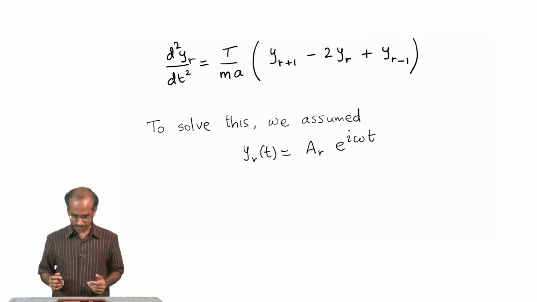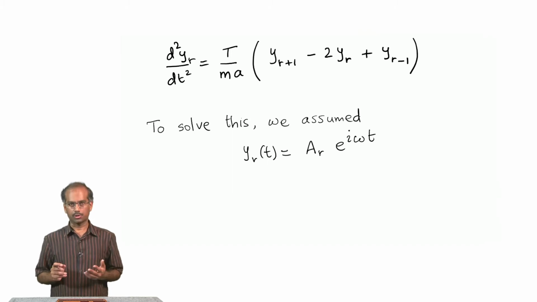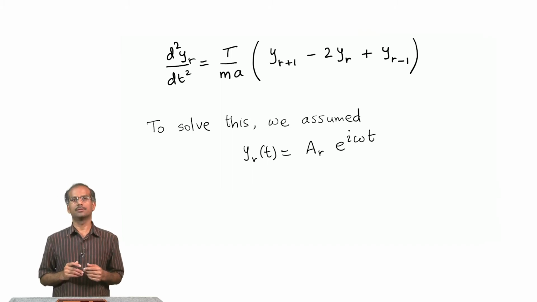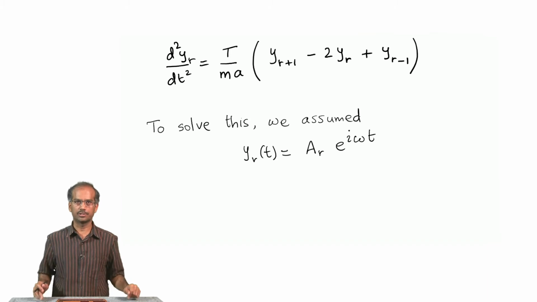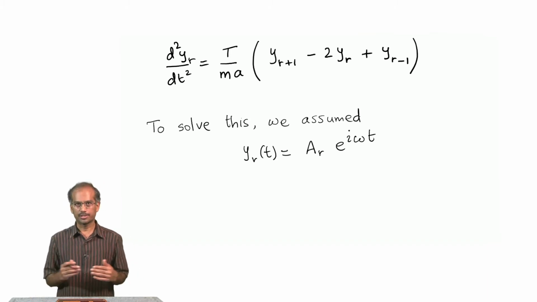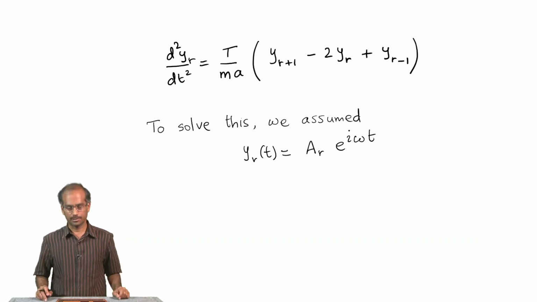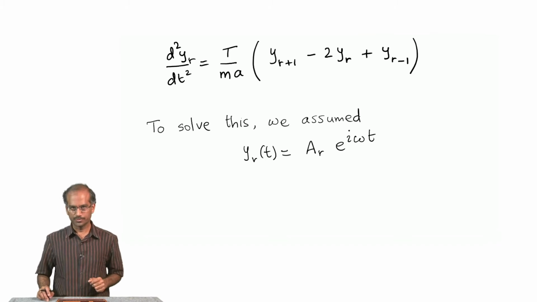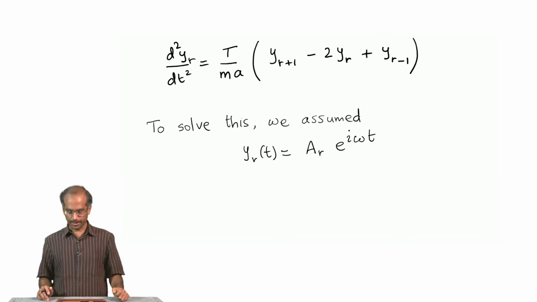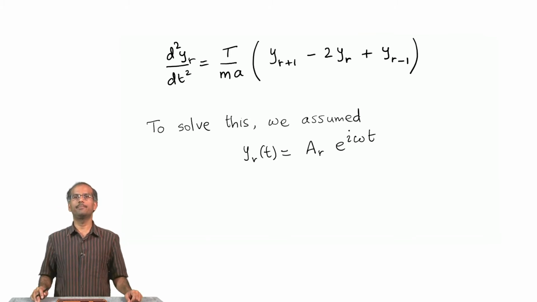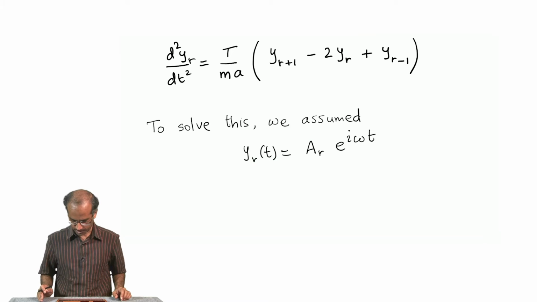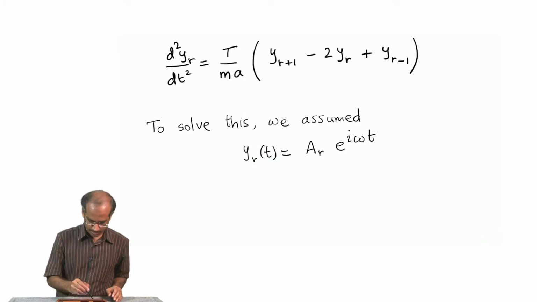It is indeed a coupled system, and to solve this we assume that y r of t, which is the solution that we are looking for, or the displacement as a function of time for the rth particle, a particle at position indexed by r, is given by a r multiplied by e power i omega t. Omega is the frequency of oscillation. There are two things to note here in this solution.